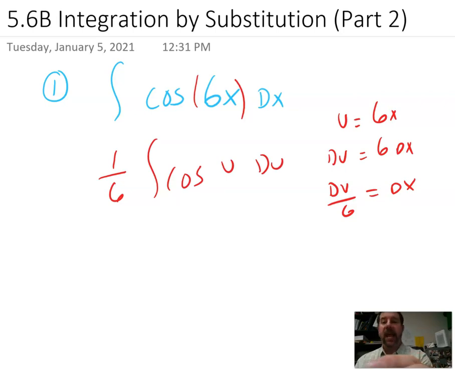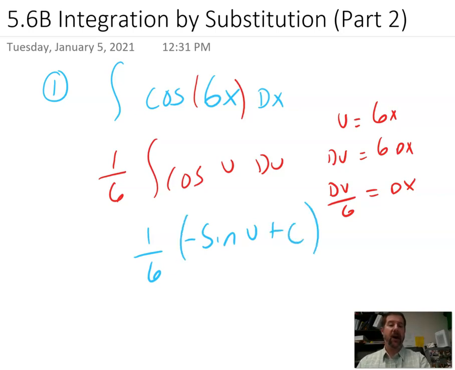The antiderivative of cosine of u is negative sine of u. Again, always plus c. Now that we're doing indefinite integrals, always make sure you have a plus c. That's one of the most common mistakes.